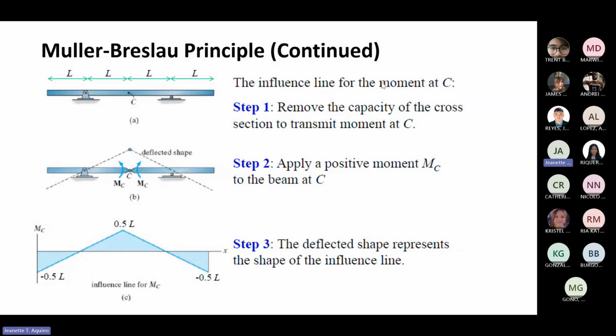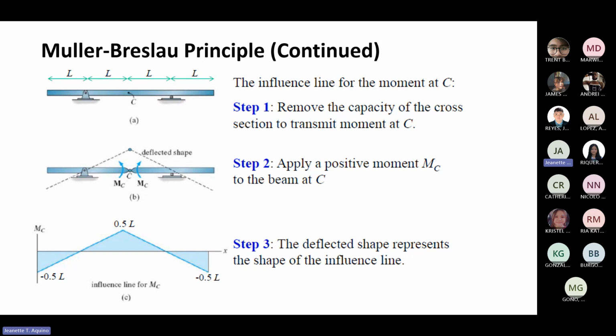So I have mentioned earlier, we have 3 methods to do the influence line for the reaction, moment and shear for the beams, for determinate structures.